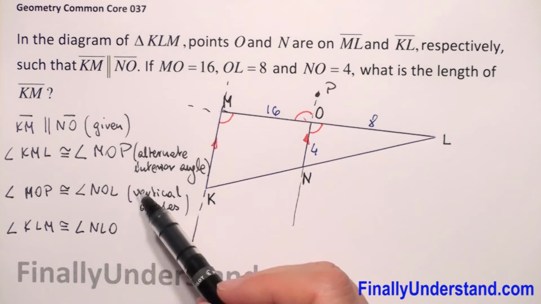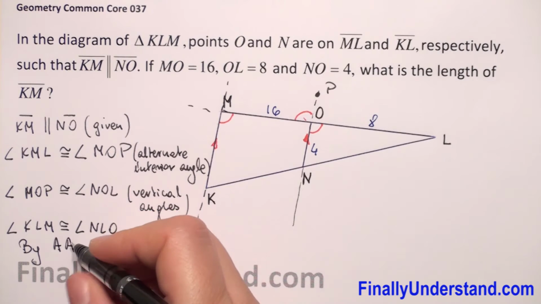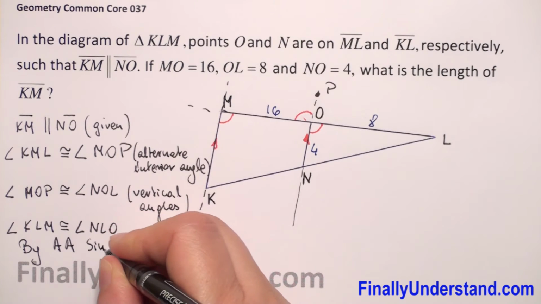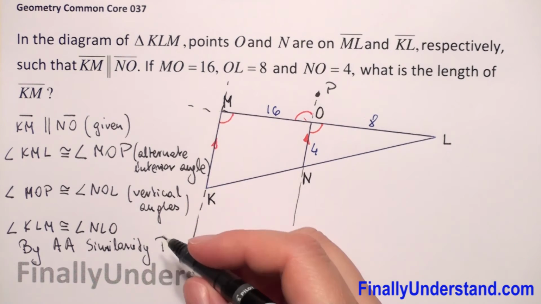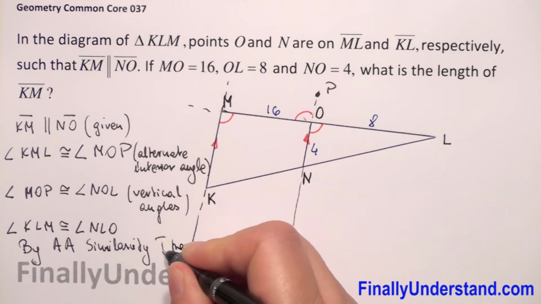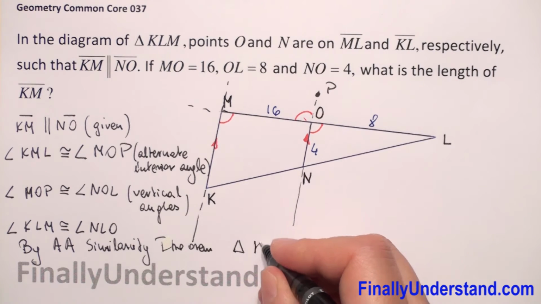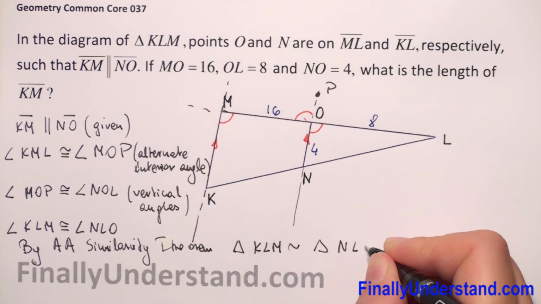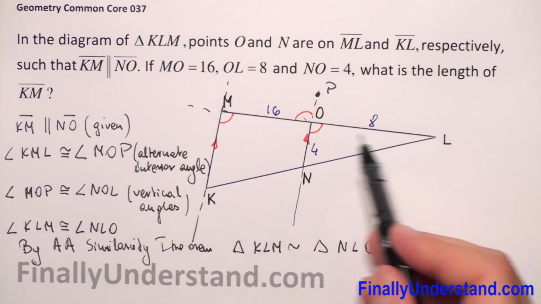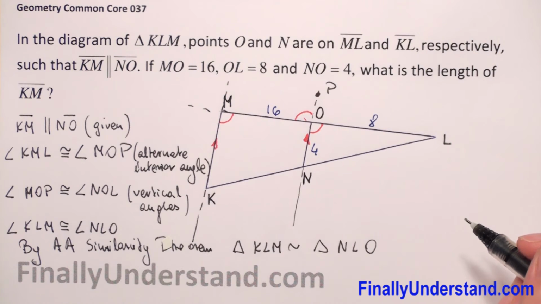So we can write that by angle similarity, triangle KLM is similar to triangle NLO. Because this triangle is similar to that triangle, it means that the corresponding side lengths are proportional.